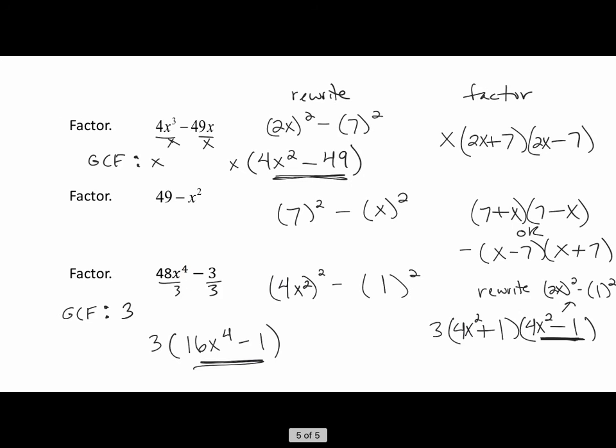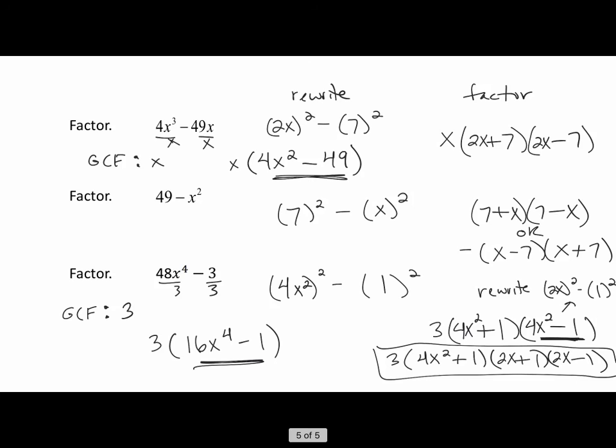So that means we can factor that even further. The first 2 factors are not going to change, but that third factor will be 2 factors, the sum and difference of what's being squared. The first term is 2x, and the second term is 1. And that finally completes the factorization of this polynomial.